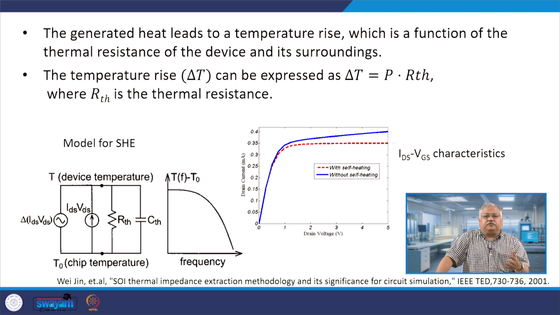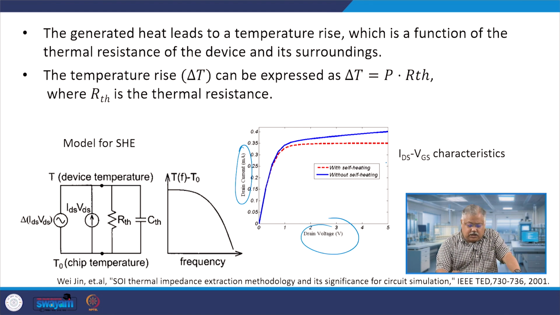There is a concept of thermal resistance which we will now put forward. If you plot drain current with respect to drain voltage, this is with self-heating and this is without self-heating. As you can see, without self-heating, the current is actually slightly larger, so it is overestimating as compared to with self-heating.